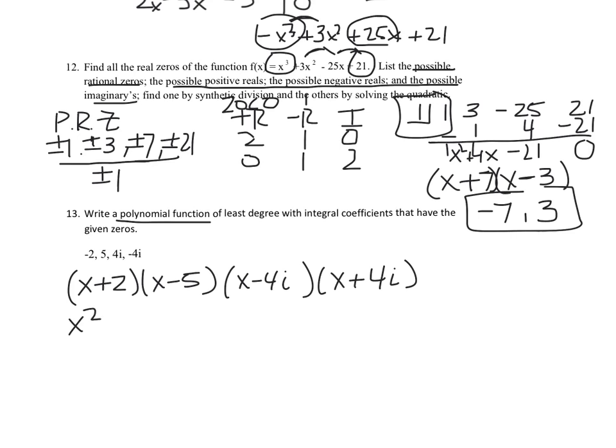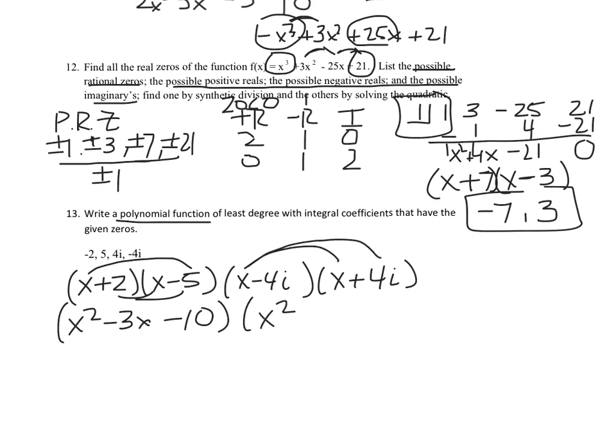You'd have x squared minus 5x plus 2x would be a minus 3x minus 10. I'd FOIL these together, so I'd have x squared plus 4ix minus 4ix, which cancels. And then I have a negative 16i squared, which is the same as x squared plus 16, because i squared is a negative 1.